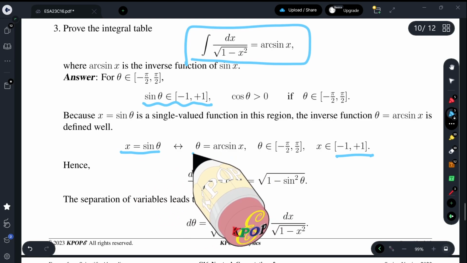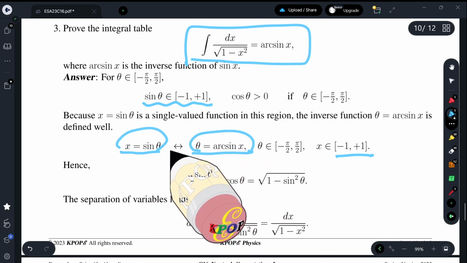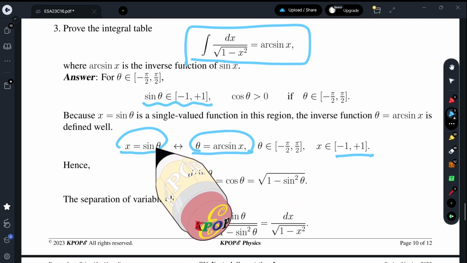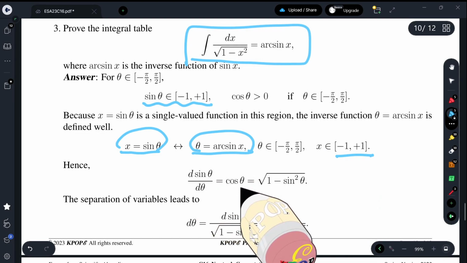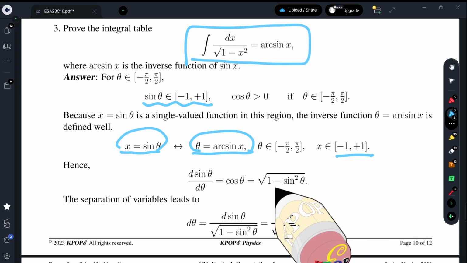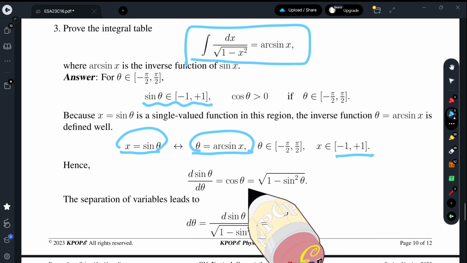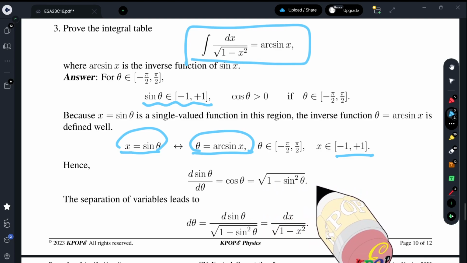So this is by definition inverse. Arc sine is inverse of sine. We know derivative of sine is cosine, and in this region, sine is single valued, and cosine can always be expressed as the square root of 1 minus sine squared.